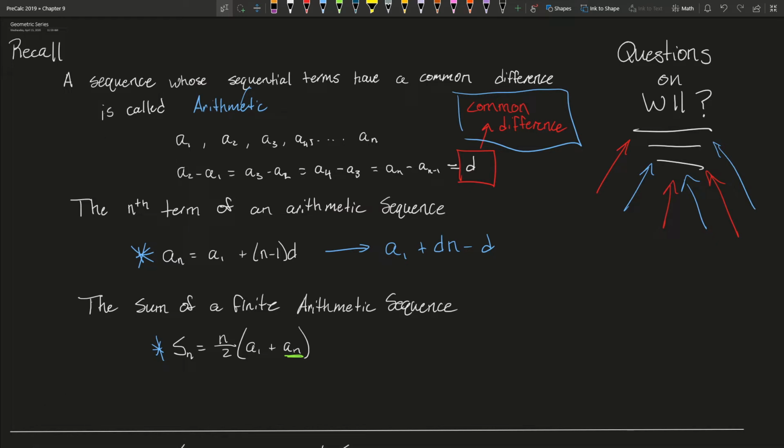Could you use the sum formula on an example? Yes. Can you do an example with n equals 0? Yeah, we'll do both of those.